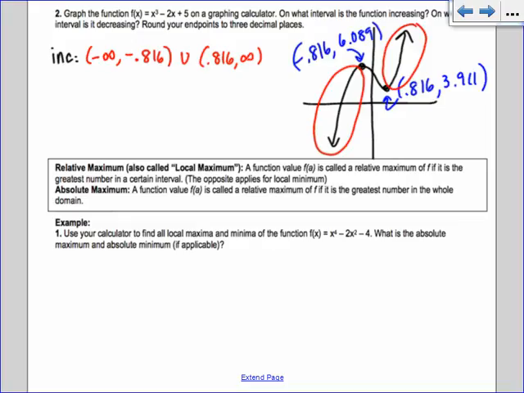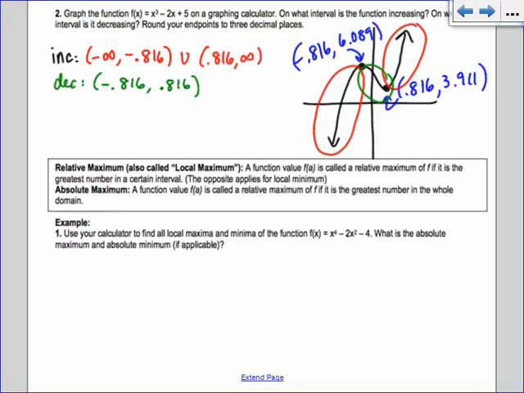So negative infinity to negative 0.816, and then 0.816 to infinity. Okay, and we're decreasing from negative 0.816 to positive 0.816. Okay, so you're always going from what x value to what x value. We're talking about the interval it's on. Make sense?